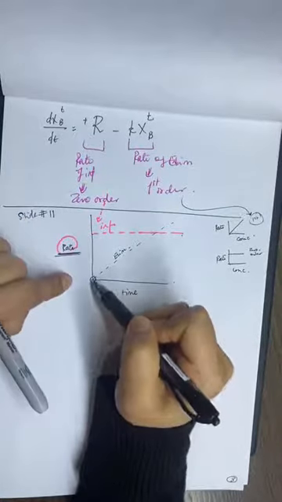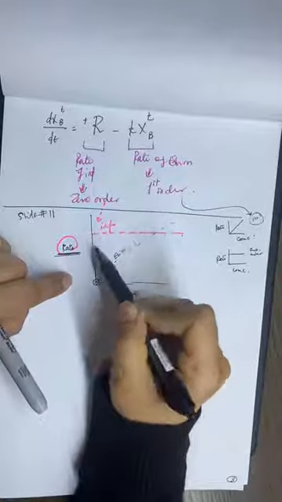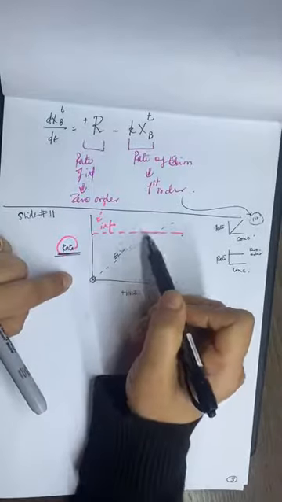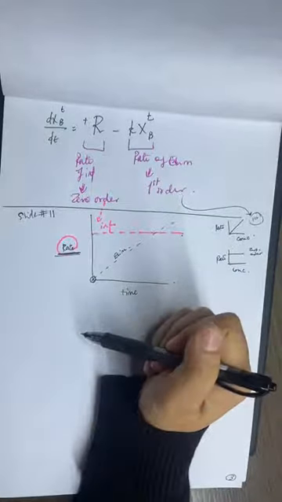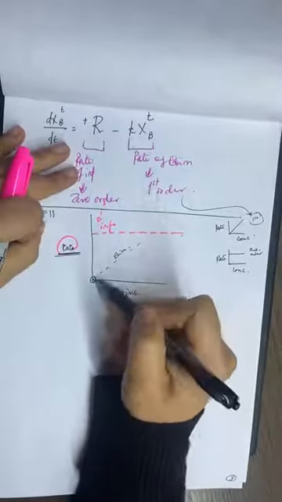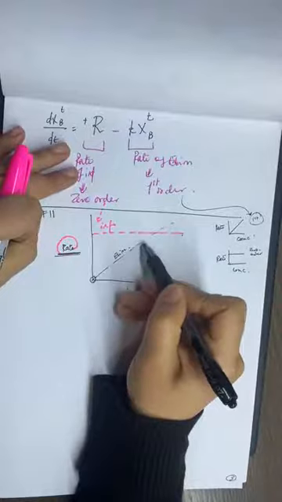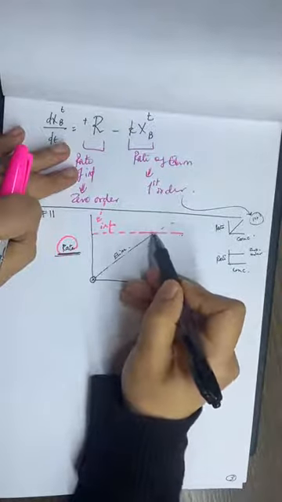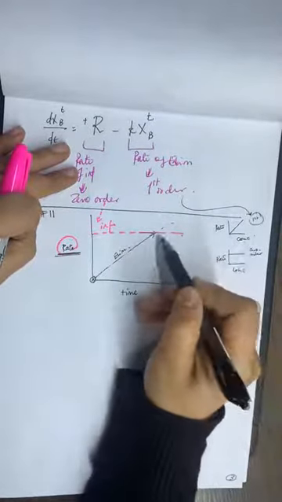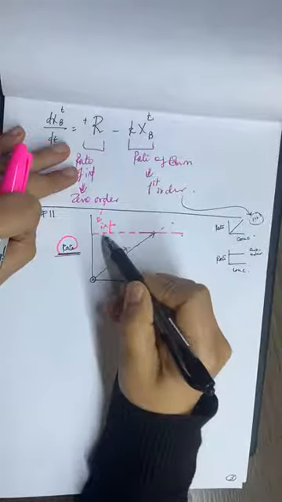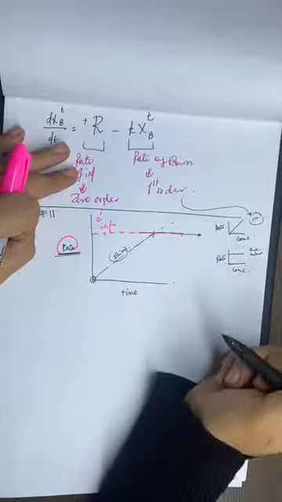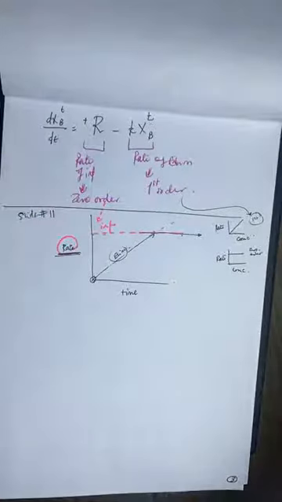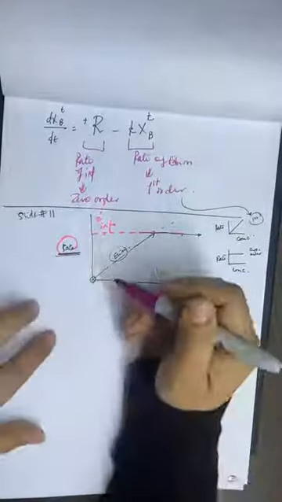But the rate of elimination will increase linearly, until we reach the point where the rate of elimination equals the rate of infusion. So as an overall profile, that's what we will have.